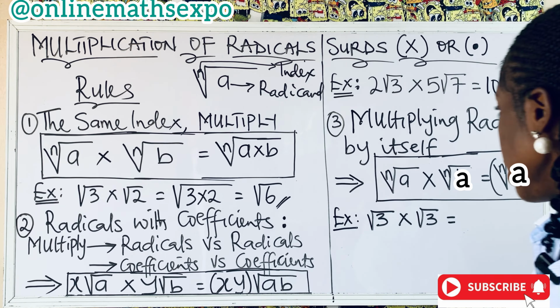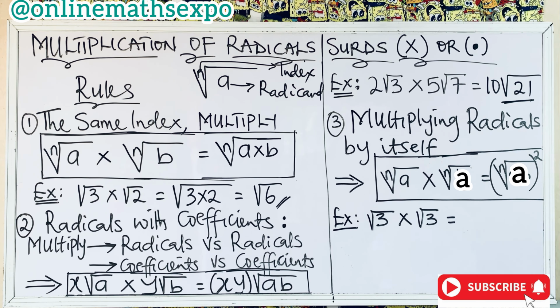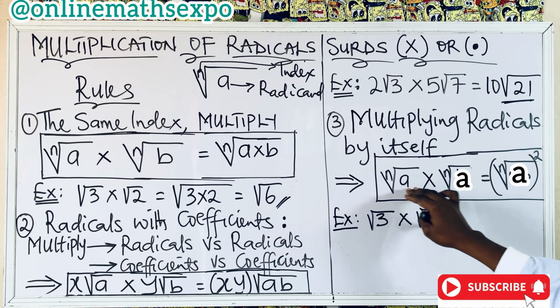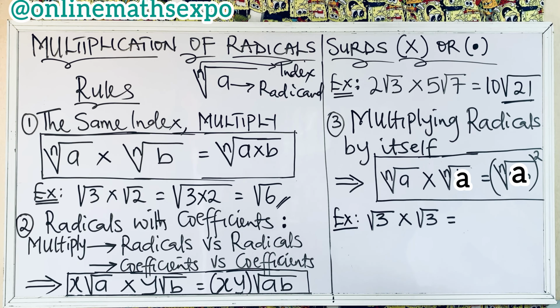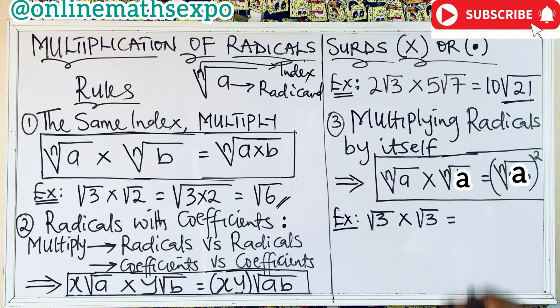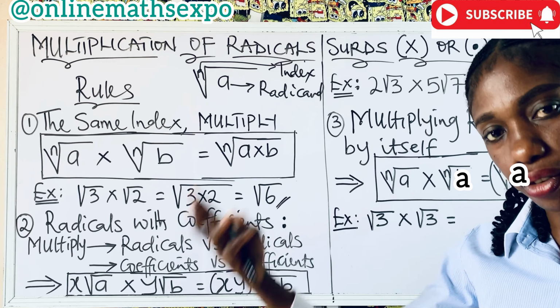Now the next rule is when the radicals are multiplying each other. For example, when you have something like this, what you simply do is take one of the radicals and then raise it to a power. Take one of the expressions and raise it to the power of 2 because they are 2. If they are 3, you also raise to the power of 3.